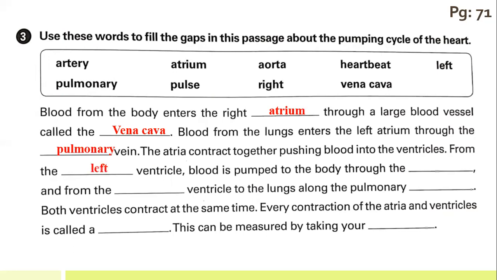From the left ventricle, blood is pumped into the body through the aorta, the largest artery of the body, and from the right ventricle to the lungs along the pulmonary artery. Both ventricles contract at the same time. Every contraction of the atria and ventricles is called a heartbeat, and this is measured by taking your pulse.